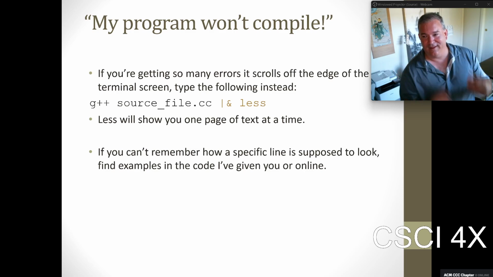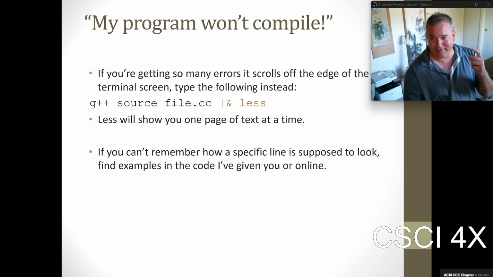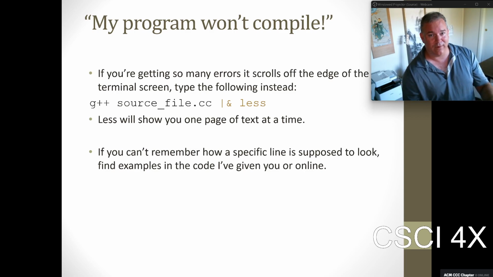The very top one is usually the most useful. So when you're fixing compile bugs, fix the number one compile bug first, and then work your way down from there. Always start at the top and work your way down.